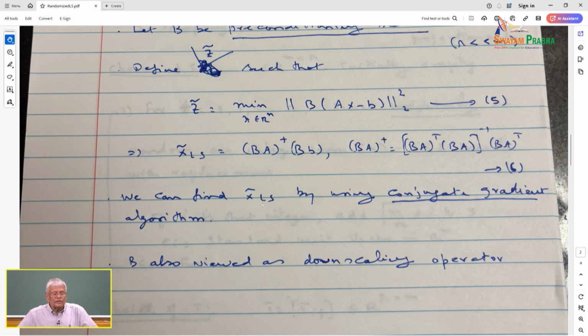So, we can find the least square solution either by solving the linear system or by using sequential minimization such as the conjugate gradient method. I am not going to tell you how to find x tilde LS. It can be found by solving the normal equation or by directly minimizing the objective function using sequential minimization such as the conjugate gradient method, which we have already seen. So, you can see the power of what we have covered thus far.